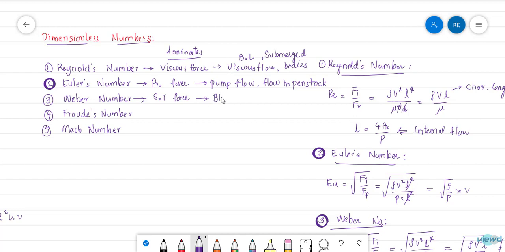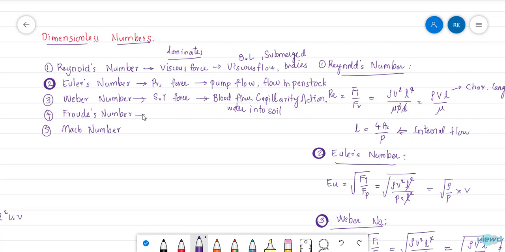In blood flow and capillary action. Capillarity is due to surface tension, cohesion and adhesion. Also the movement of water into soil is due to capillary action only. Then we need to use Weber number.